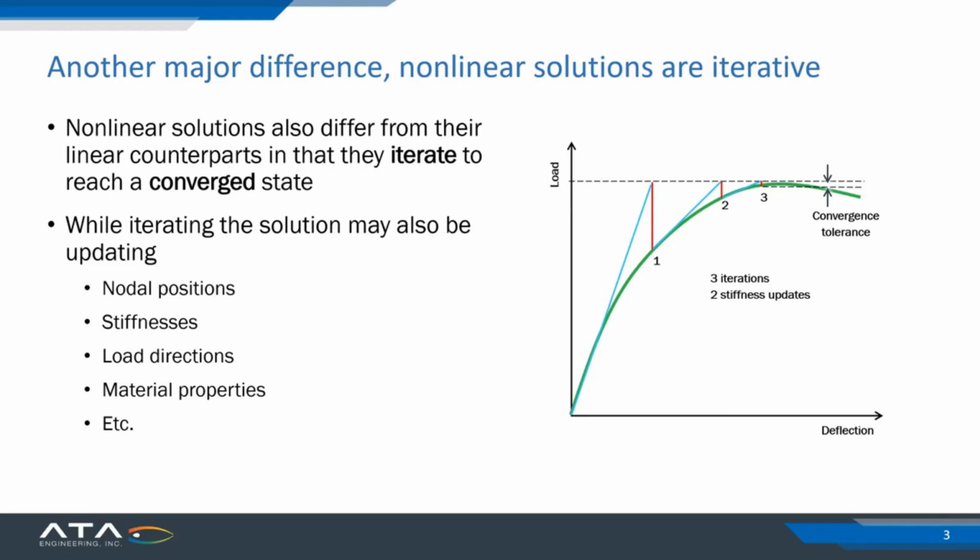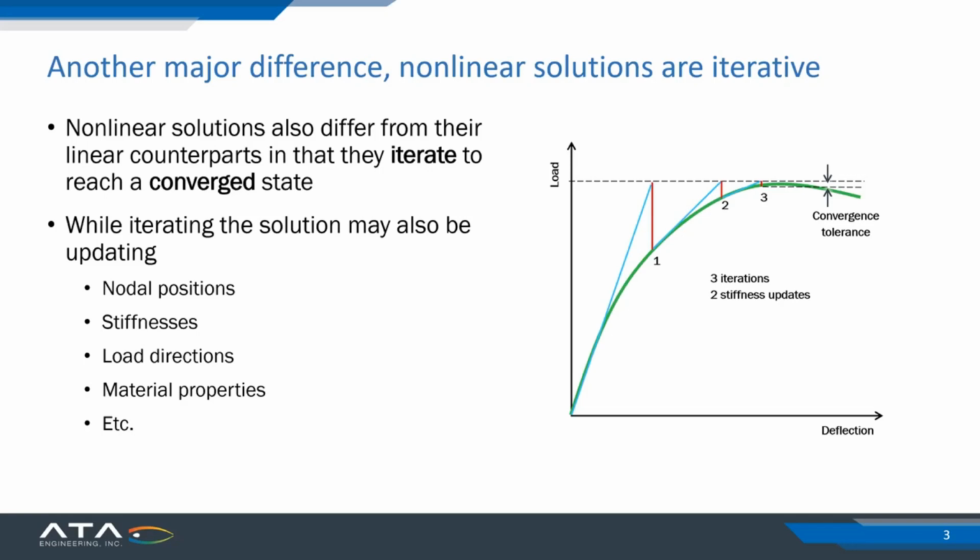So you're going to iterate that solution, and this particular example is showing 3 different iterations with 2 stiffness updates to get to that converged state where you're within some convergence tolerance of the final desired state.